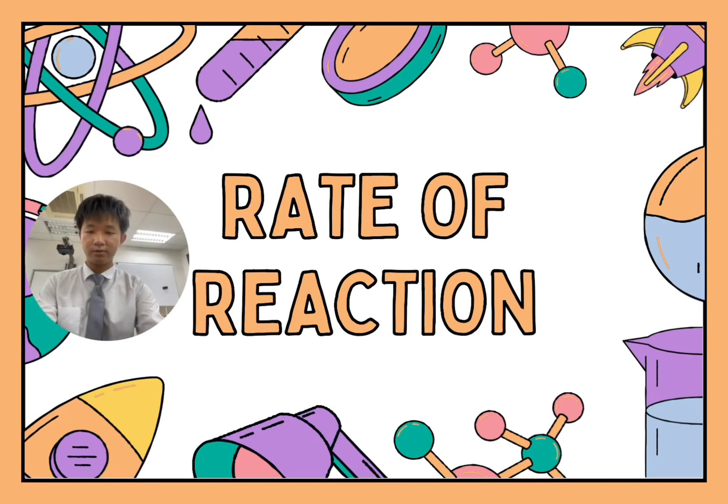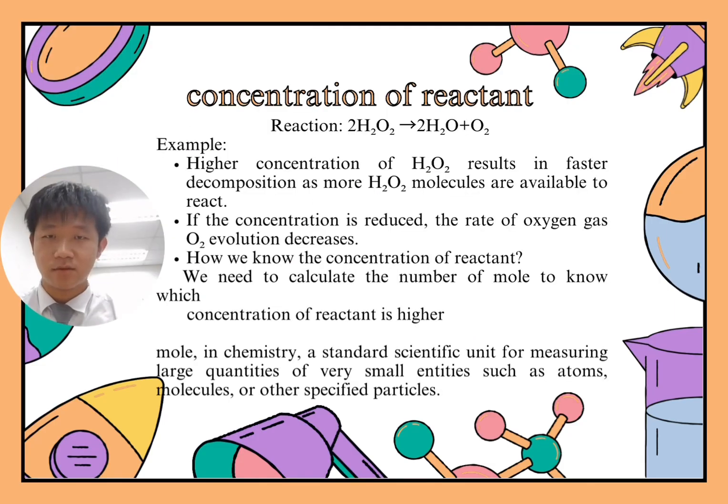We see how the concentration of reactant will disturb the reaction. The reaction is 2H2O2 will produce 2H2O plus O2.